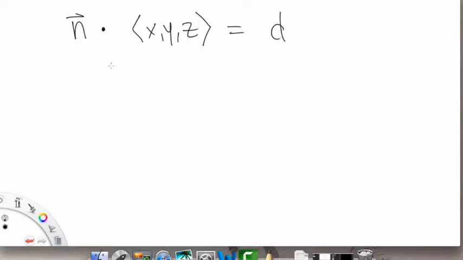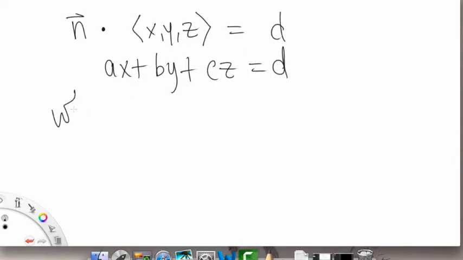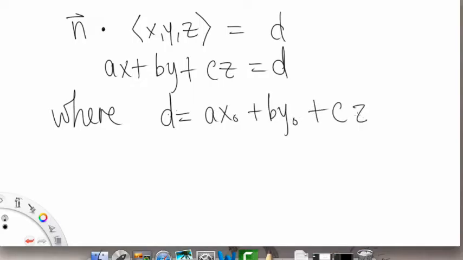Also known as ax plus by plus cz is equal to d, where now we know from the derivation that d equals a times x naught plus b times y naught plus c times z naught. So this is a very common way to write the equation of the plane.